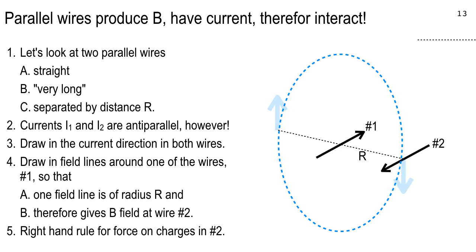So this is what we got. Try to sketch that in. Get your right hand in the direction of the current. On the back side my fingertips are going up, but around on the front side my fingertips are going down. My thumb is still in the direction of the current.